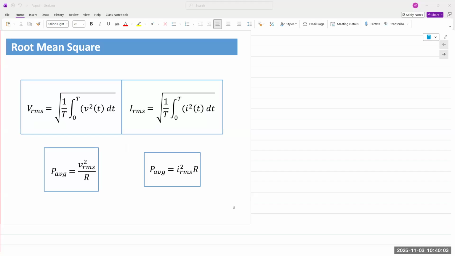If you apply a DC voltage or DC current to a resistor, you'd obtain some response. If you apply an AC voltage or AC current, you would elicit this exact same response, meaning electrical energy is being transferred to the resistor and it dissipates it in the form of heat, thermal energy.